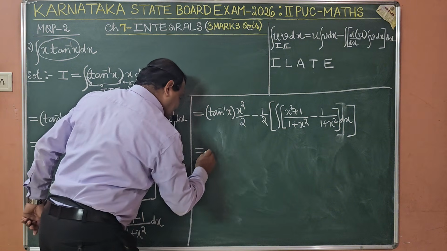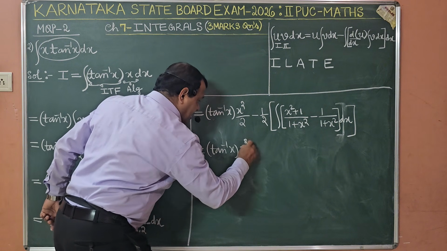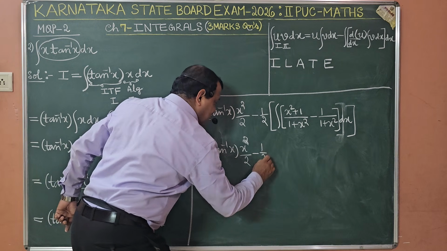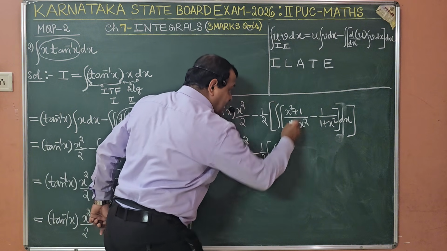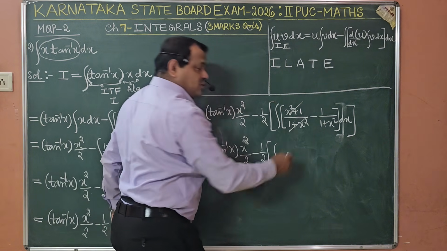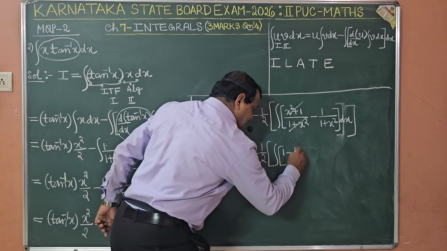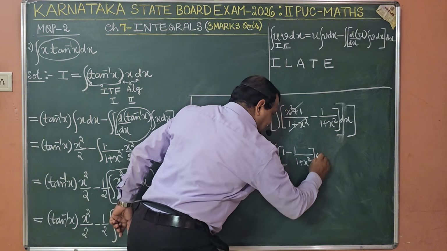Therefore this can be rewritten as tan inverse x into x square by 2, same, minus half, same. In the bracket, the integration of x square plus 1 by 1 plus x square gets cancelled, and we get just 1 here, minus 1 by 1 plus x square dx.